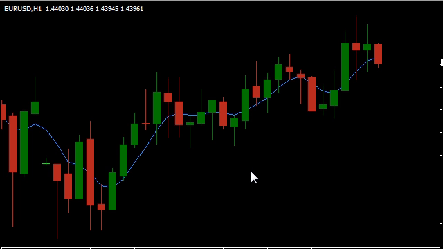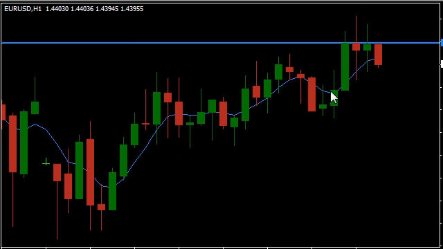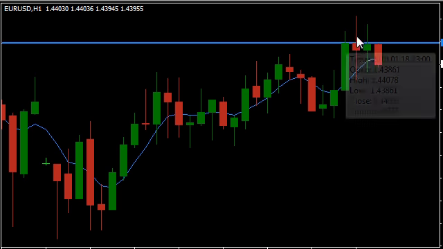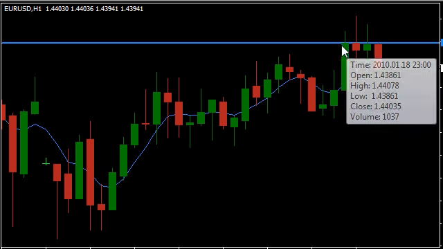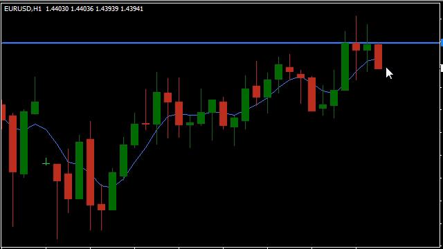If I was scalping, I'd be looking at the H1 time frame for a start, and I'd be drawing up a couple of support and resistance lines. I've had price break through here, break through here, break through here, but they've always been rejected back each time. So now I'm looking at this as being a fairly good wall of resistance right now, and I'm looking for the potential for price to break short.